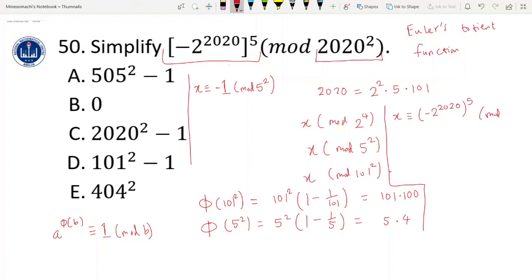Okay, so we want to find this residue mod 101 squared. So this is equivalent to x, so I'll put this negative. So I have 2 to the power 101 times 4 times 5 times 5 mod 101 squared.